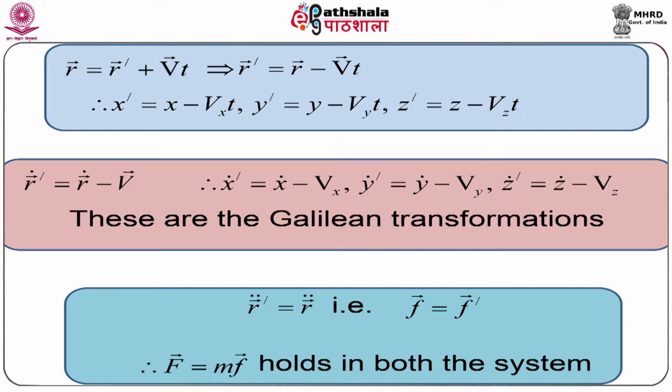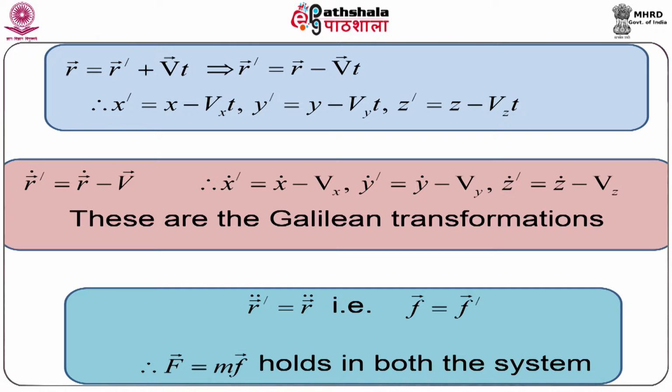The transformations given by 10.1 and 10.2 are called the Galilean transformations. Equation 10.1 is the Galilean transformation for coordinates, since it connects the coordinates of the two frames S and S dash, whereas 10.2 gives the Galilean transformation for velocity, since these are the relations between the velocities in the two frames, S and S dash.